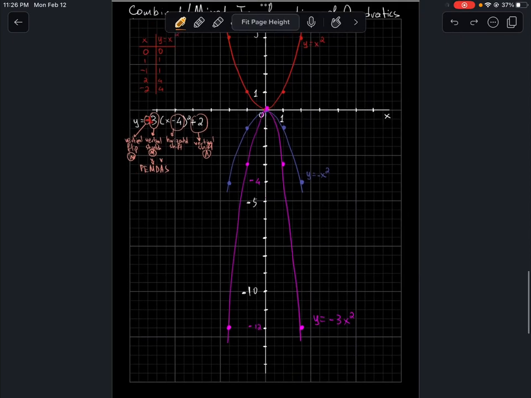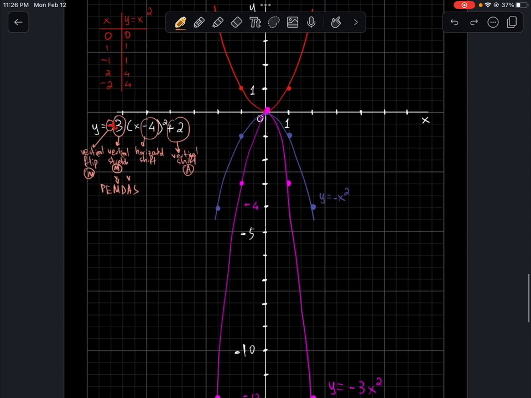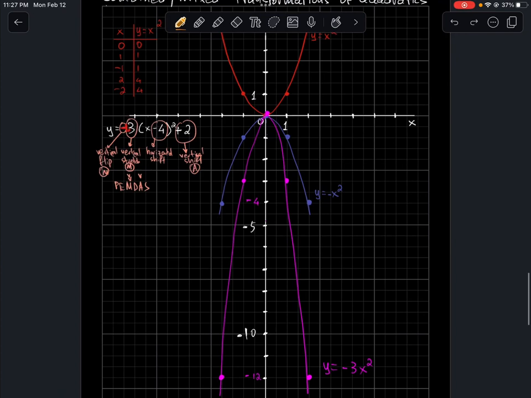I won't have to move all the points, just the representative points, which is the pink vertex. Goes 1, 2, so it goes here. Again, emphasis that I first did the multiplications and now I do the addition. So I did the 2 multiplications and now I do the addition. Okay, so the vertex goes from here to there.